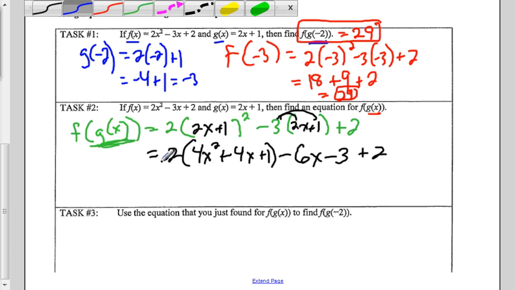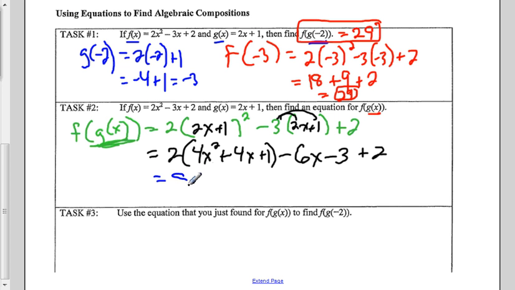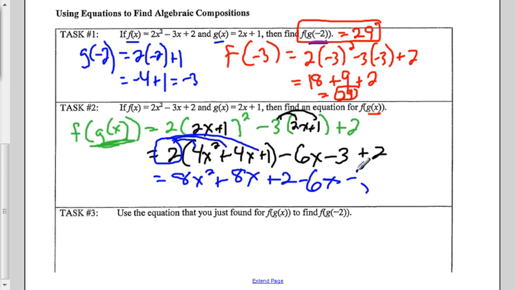Let's distribute the 2 here, and we should get 8x squared plus 8x plus 2. So that is distributing this 2 to each and every term. We still have minus 6x minus 3 plus 2.